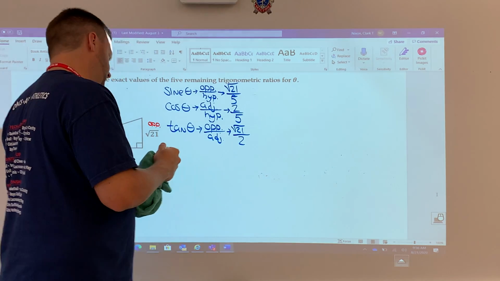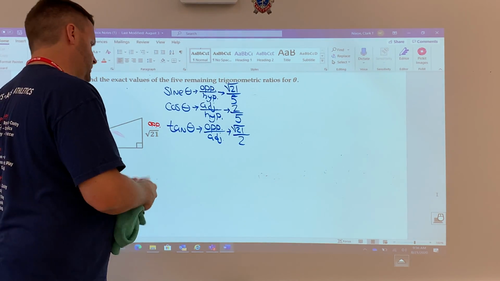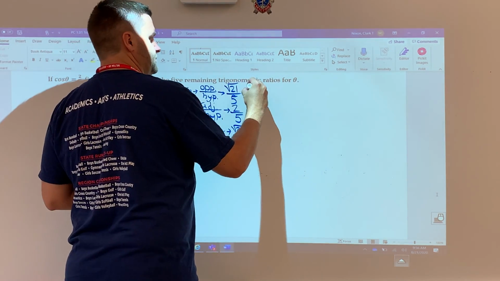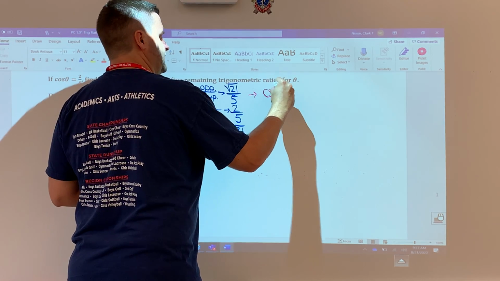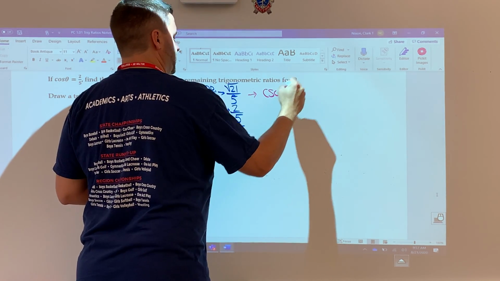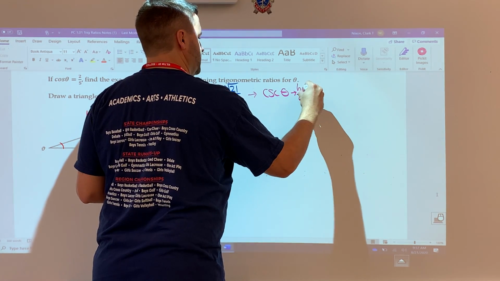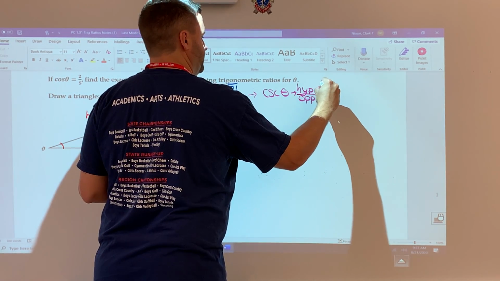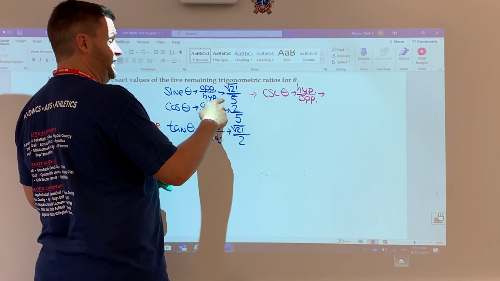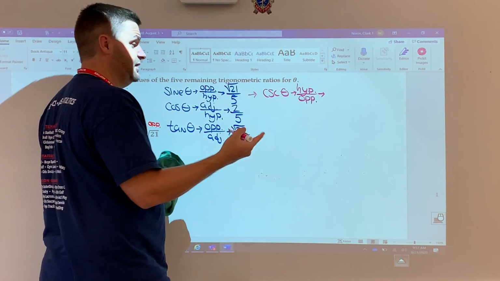Oh wow, sorry about that. Dead marker. So cosecant of theta now is hypotenuse over opposite. And so what that means is that I'm just taking sine. Once I find sine, guys, I'm flipping it.